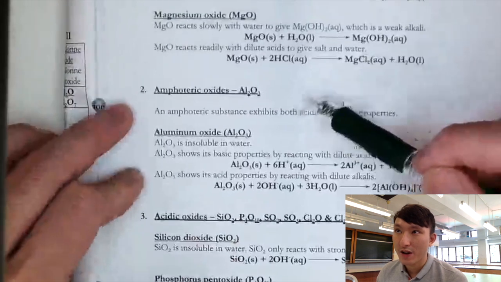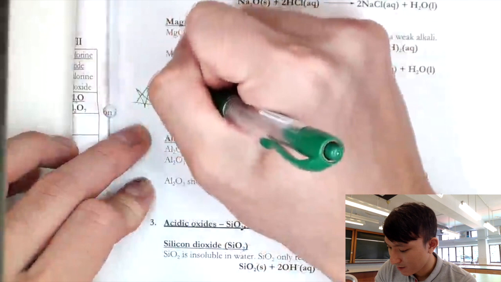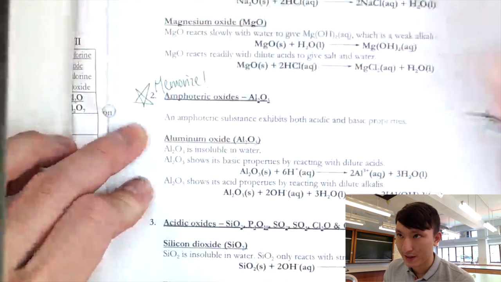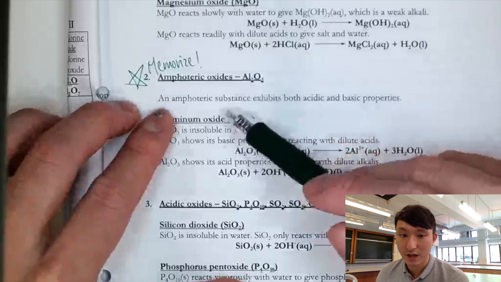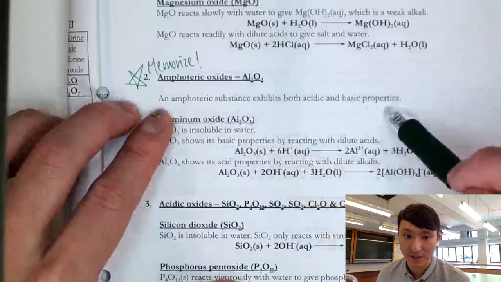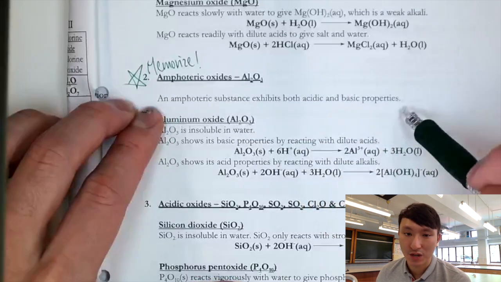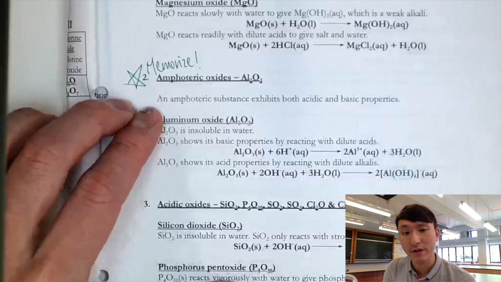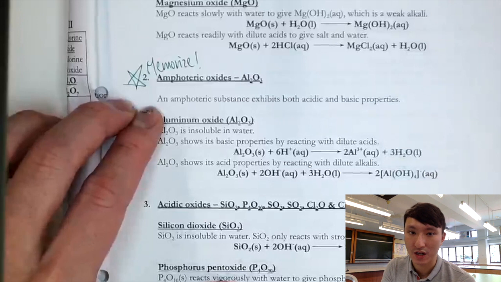For amphoteric oxide, this one, please memorize, okay? Because this is a special case. An amphoteric substance is something that can exhibit both acidic and basic property, but again, does not necessarily dissolve in water. Now bear in mind, amphoteric species can or cannot dissolve in water.